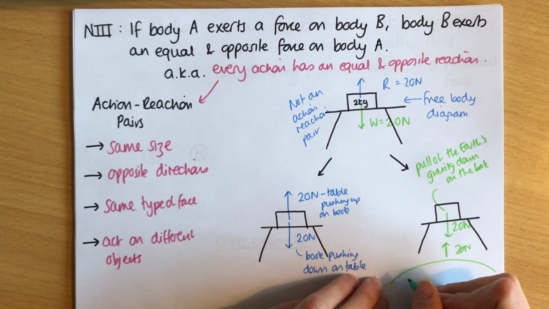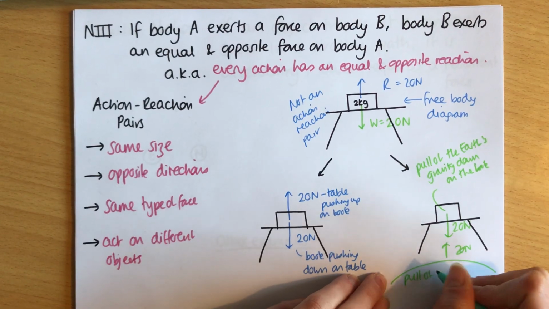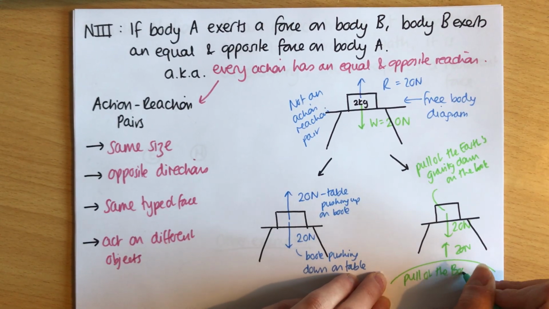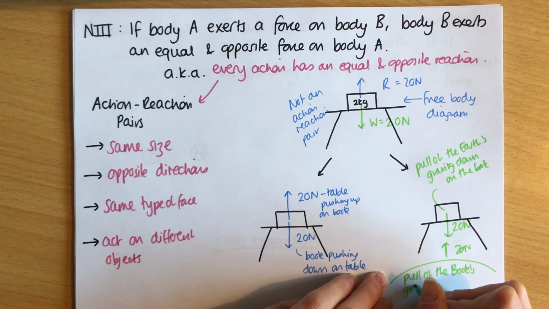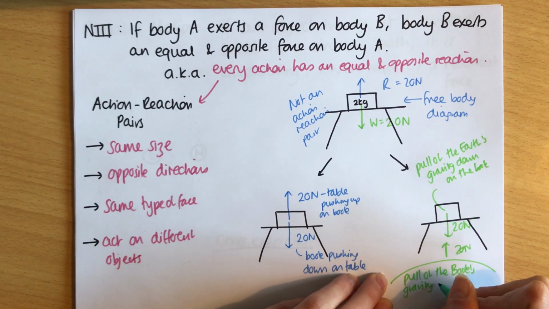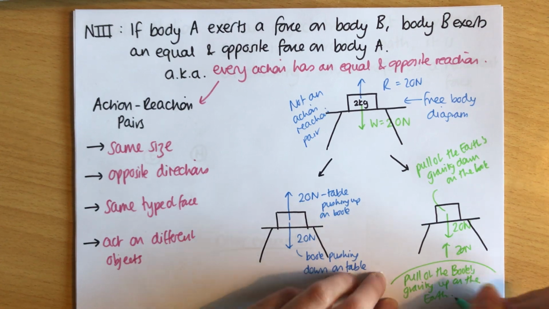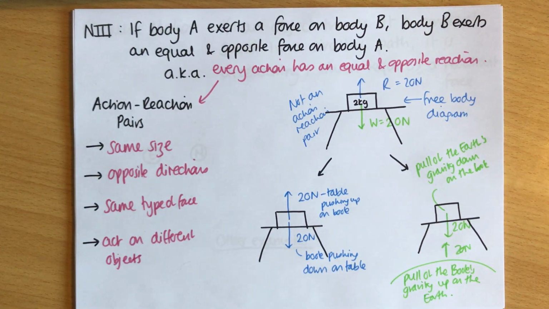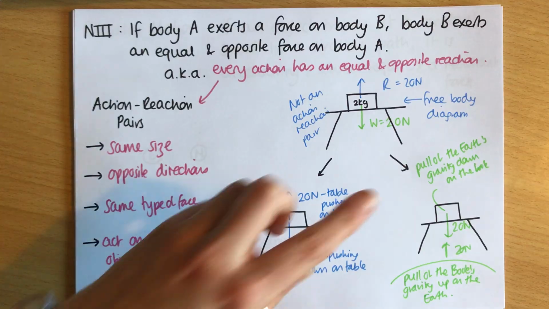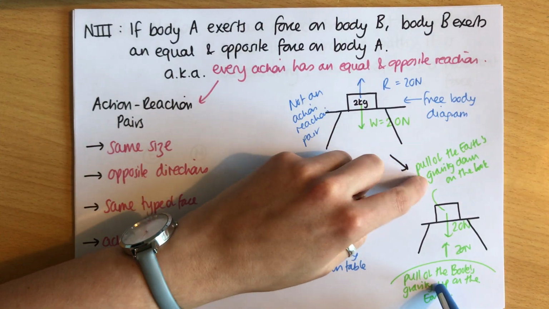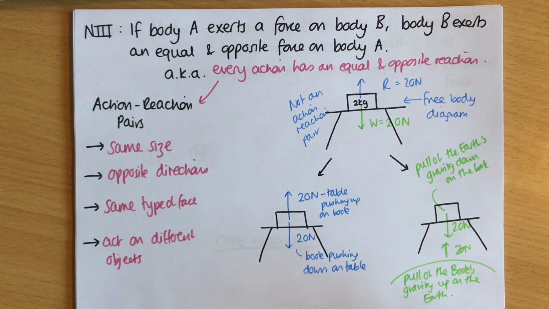And this one here is the pull of the book's gravity, up on the Earth. So I've done the same thing. I've switched those objects around, Earth and book have switched around. I've changed the direction down and up, but I've kept the force words pull and gravity the same.